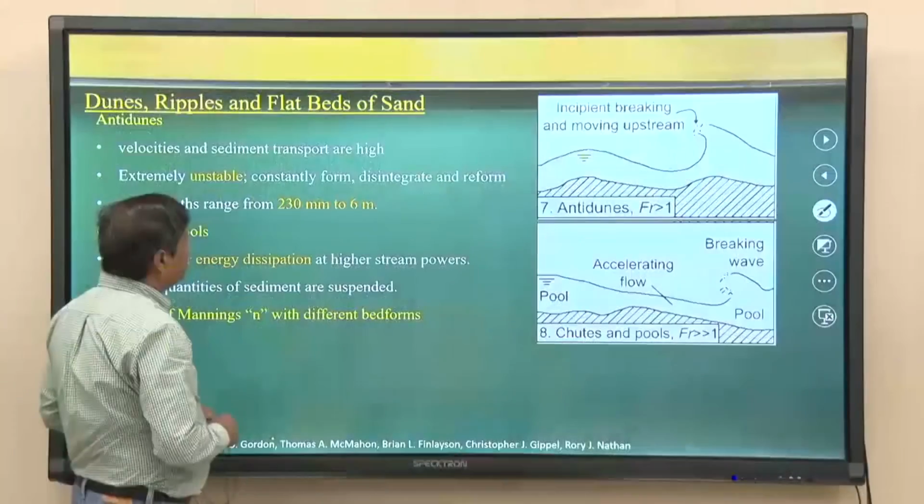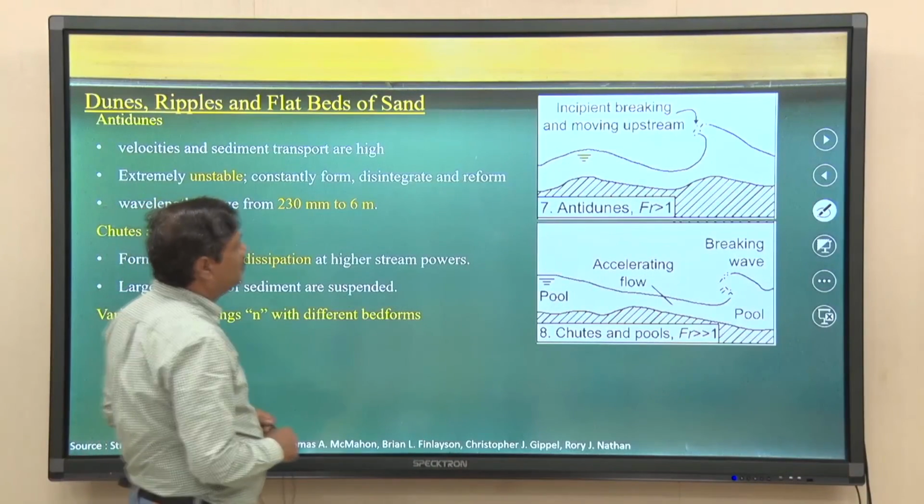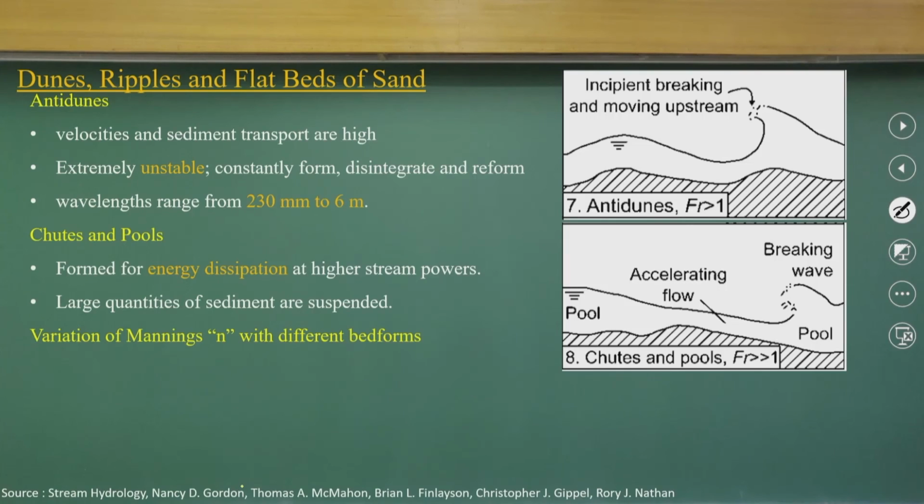Further, if you increase the flow Froude number to greater than 1, what actually happens is that the bed cannot sustain this standing wave. So the water starts fluxing and coming back.